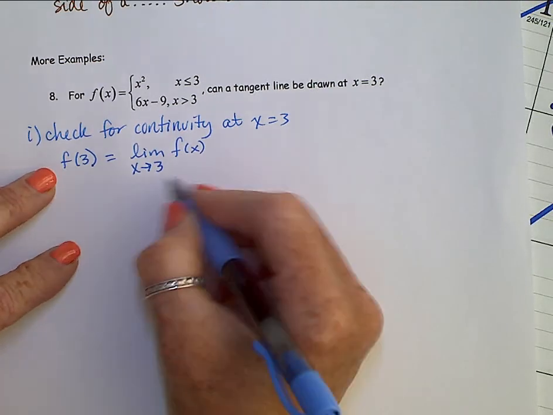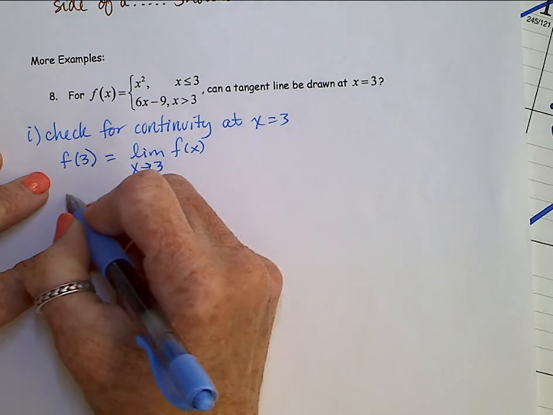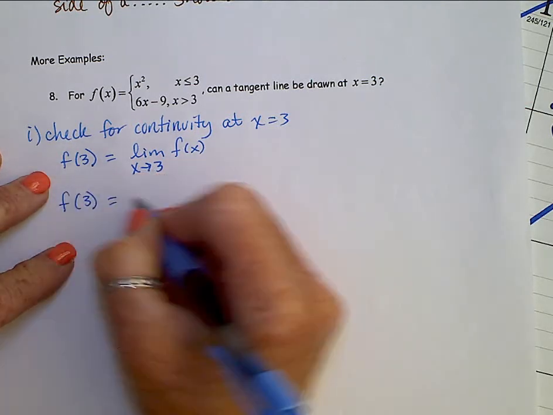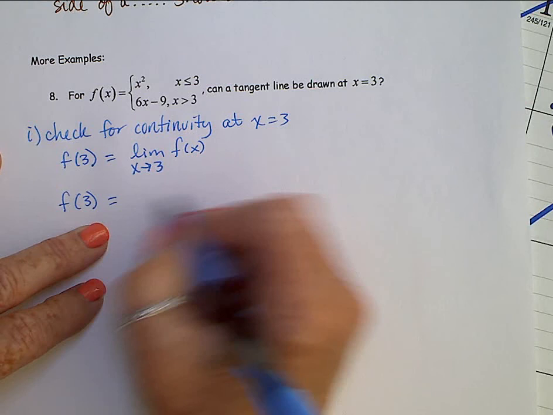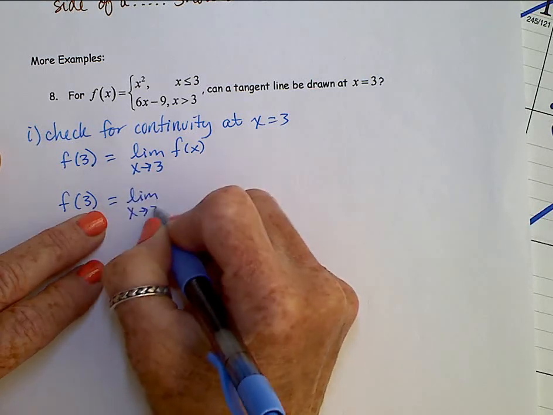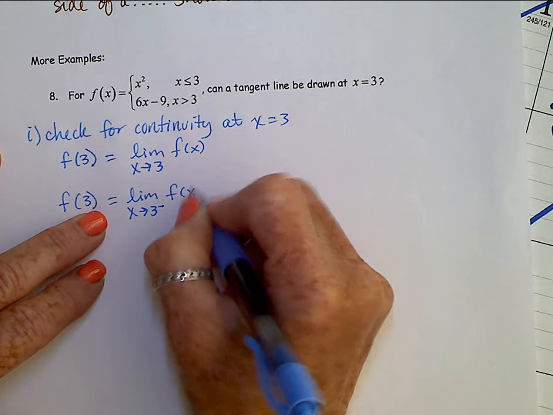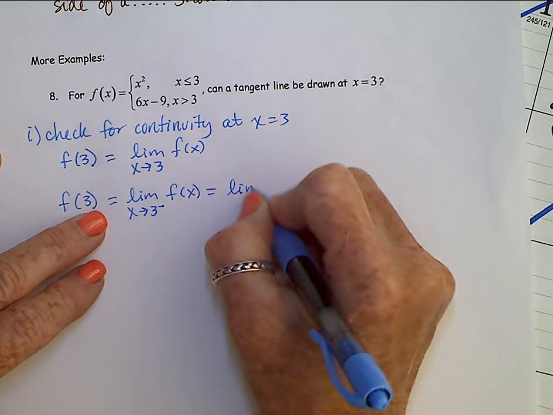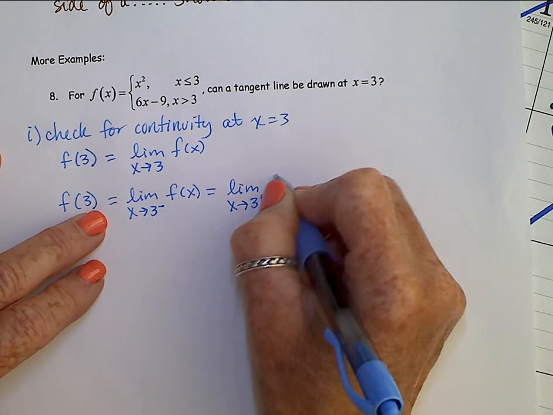And since this is a piecewise defined function, all three of these pieces have to be equal, meaning f of 3 has to equal the limit as x approaches 3 from the left side, has to equal the limit as x approaches 3 from the right side.